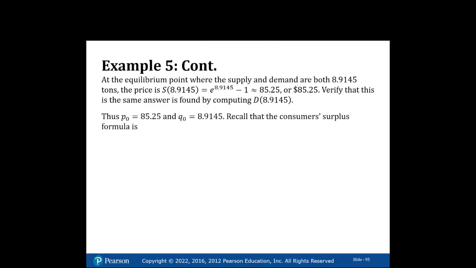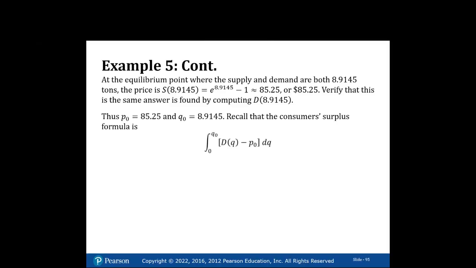So P0, or our price equilibrium, is 85.25. And then our Q0, our equilibrium demand, that's our 8.9145. Okay, first step, we need to find our P0 and Q0, our equilibriums.